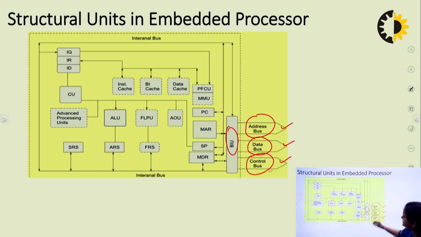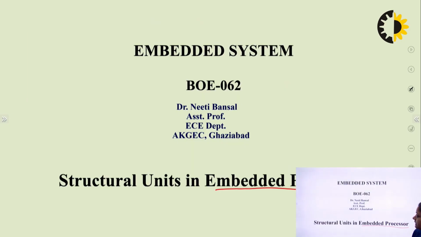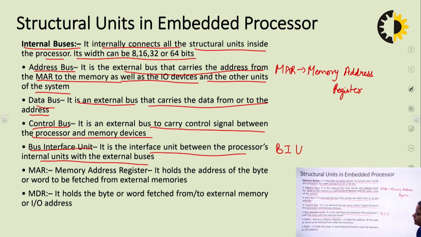It is the point of interface between your processor and the external buses, the 3 buses which we have talked about. Bus interface unit, BIU. Okay, so we have completed this section. Next we'll move to another 2 important parts or units of your processor, that is MAR and MDR.